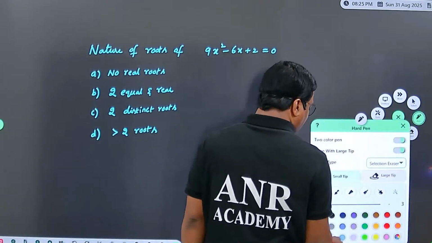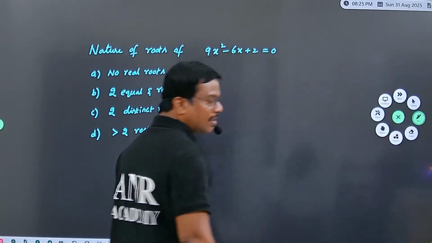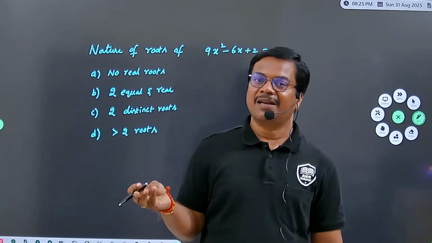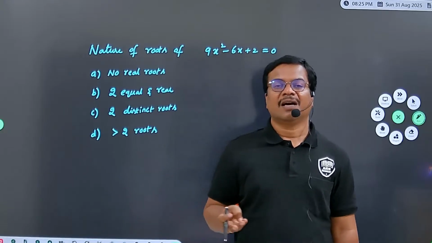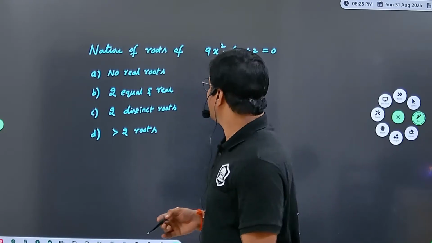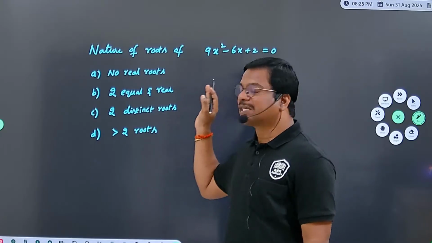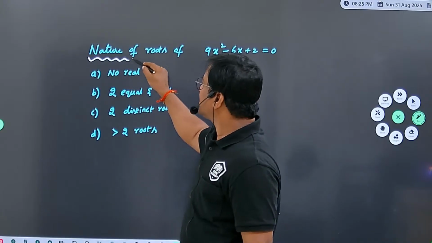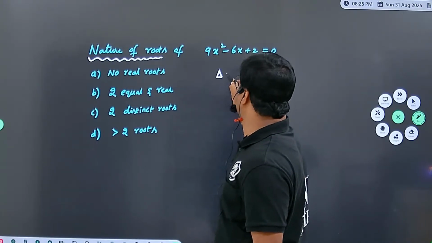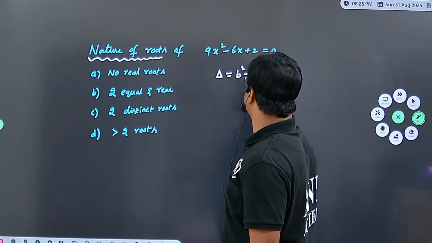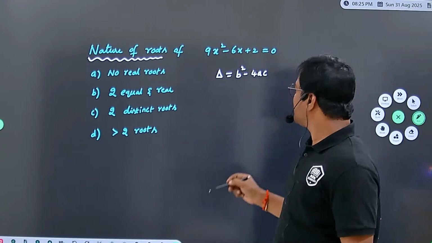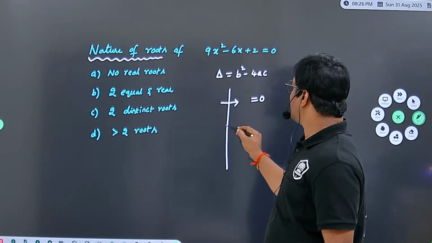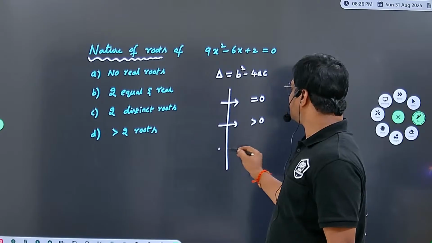We know the nature of roots. Roots may be real and equal, or real and different, or the roots are imaginary. That depends upon the discriminant value delta equal to b square minus 4ac. Nature of the roots we can decide by the value of delta. Suppose the discriminant is equal to 0, or more than 0, or less than 0.